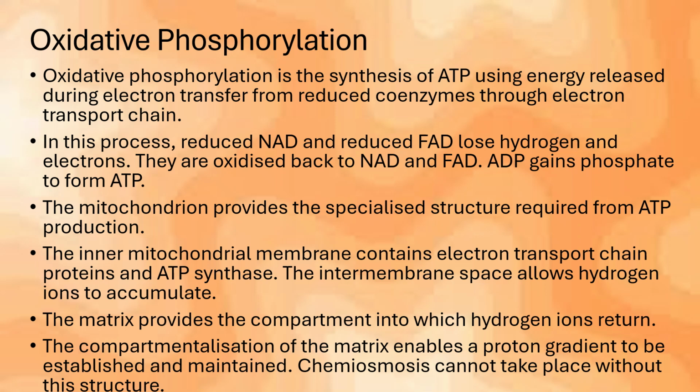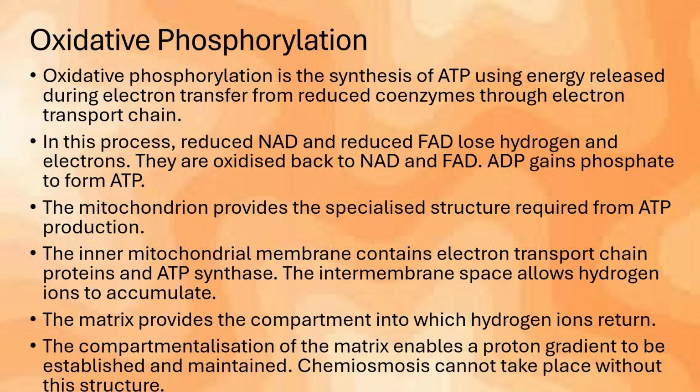The mitochondrion provides the specialized structure required for ATP production. The inner mitochondrial membrane contains electron transport chain proteins and ATP synthase. The intermembrane space allows the hydrogen ions to accumulate. The matrix provides the compartment into which hydrogen ions can return.